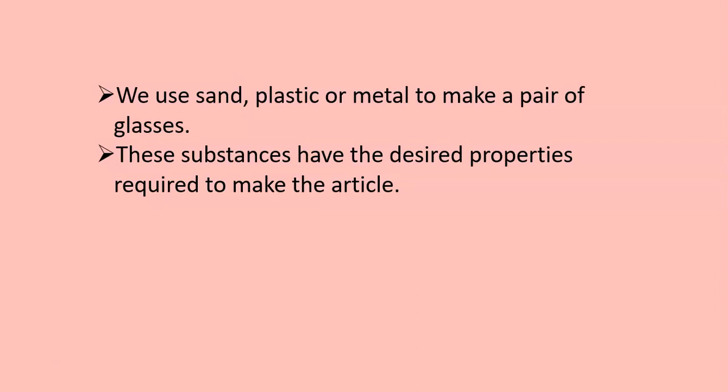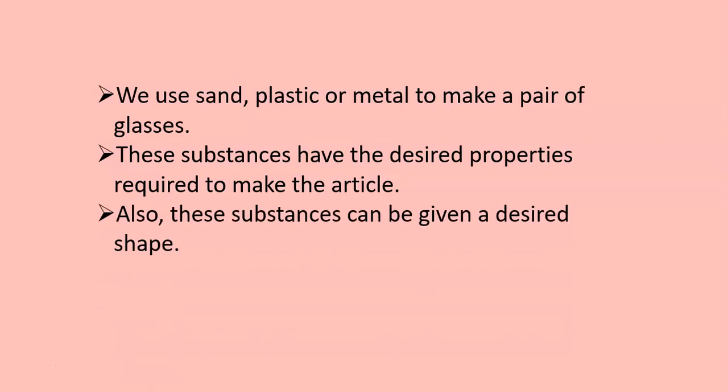Paper does not have the quality of glass. So I need desired properties and that property is available in glass. And the substance which I use to make glass is sand.